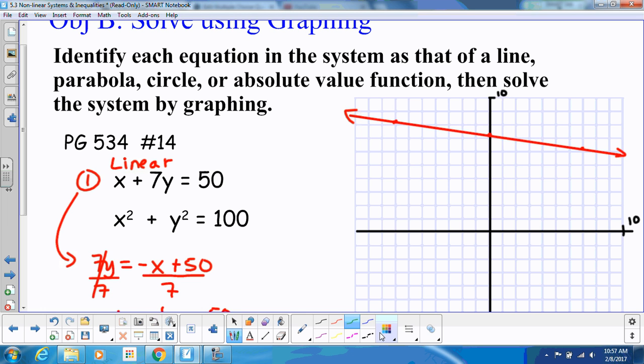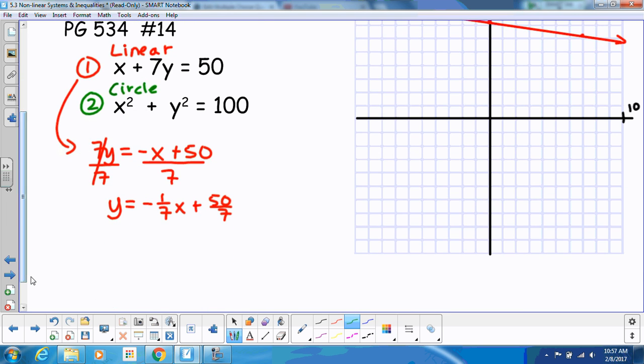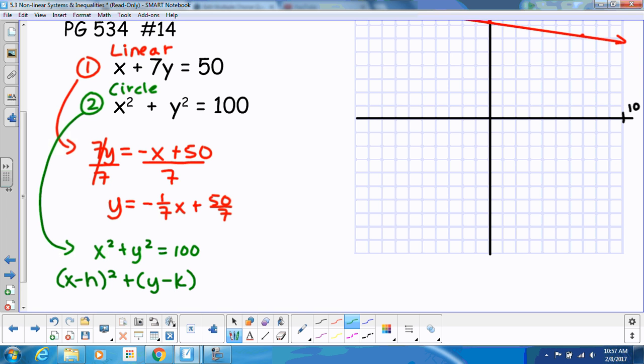Okay, we said our second equation was a circle. So to graph a circle, we graph the center and the radius. So remember standard form of a circle. We have graphed circles in here.